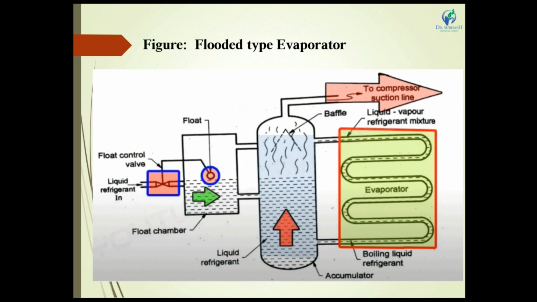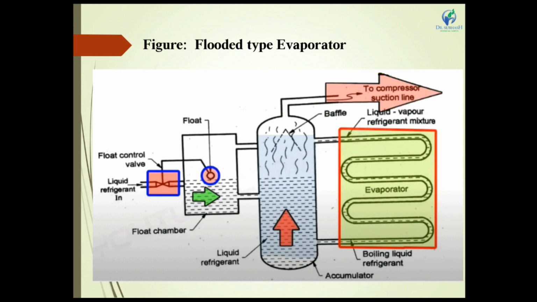For a 1 ton refrigeration system working at full load, the flow of refrigerant is nearly 25 to 30 liters per hour.